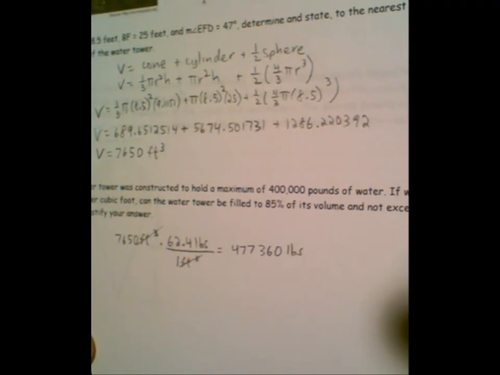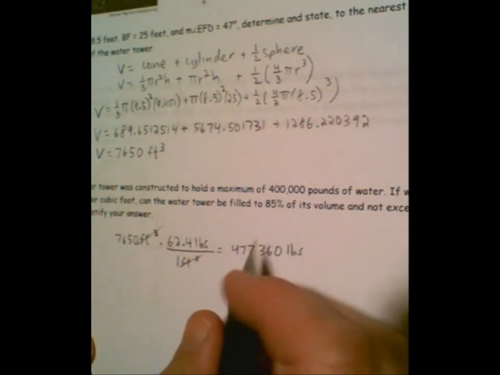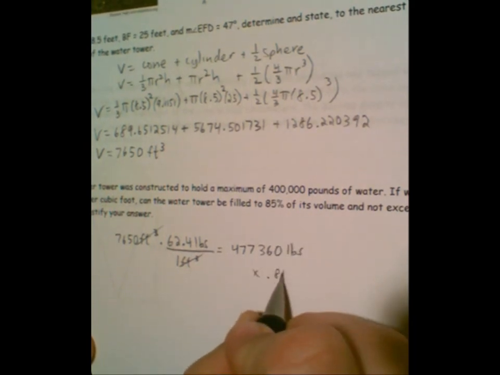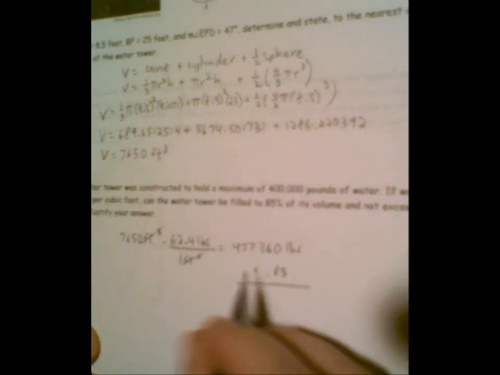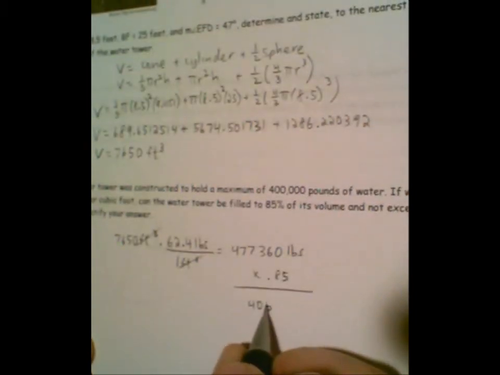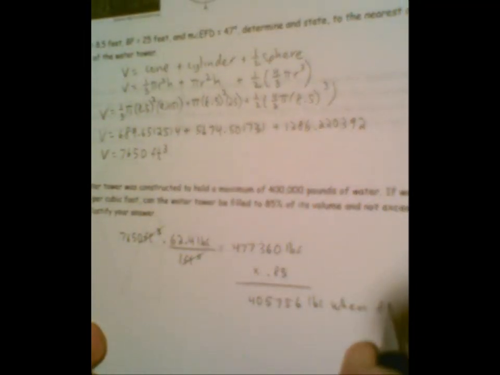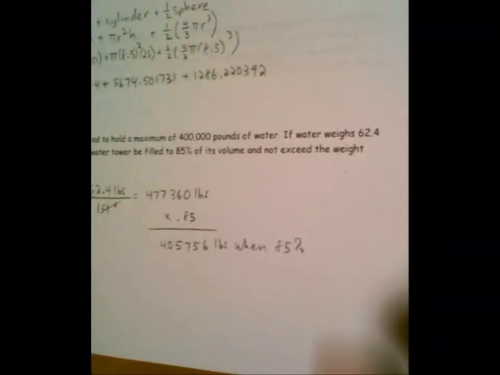We multiply that times 0.85, 85% of the volume, and you end up with 405,756 pounds when it's 85% full.